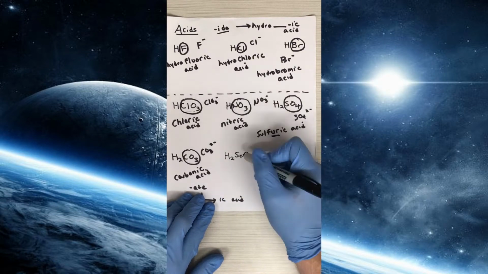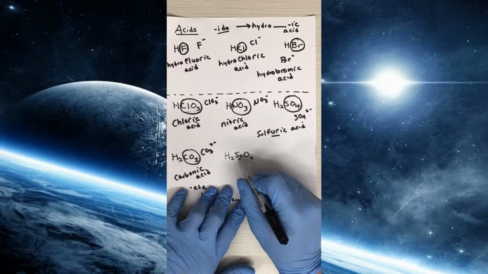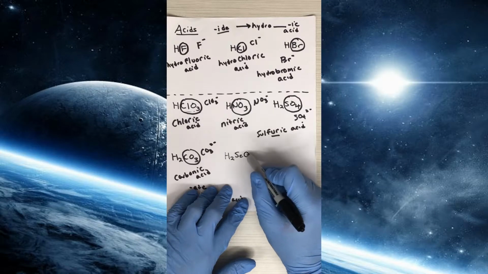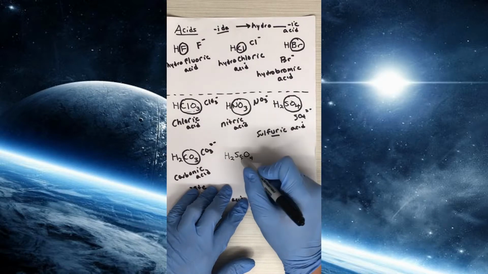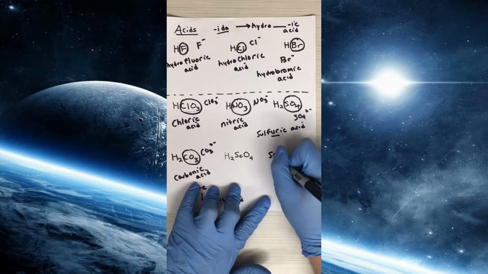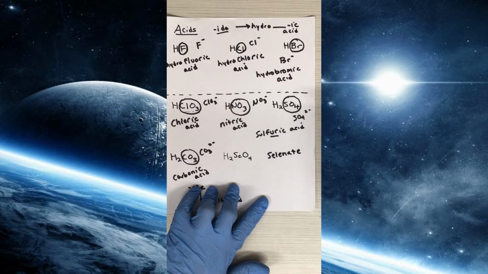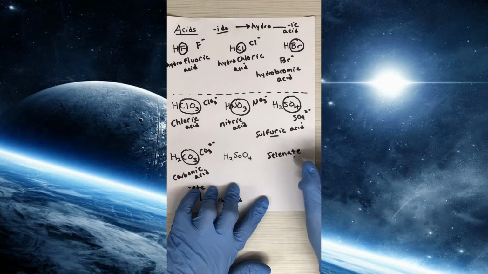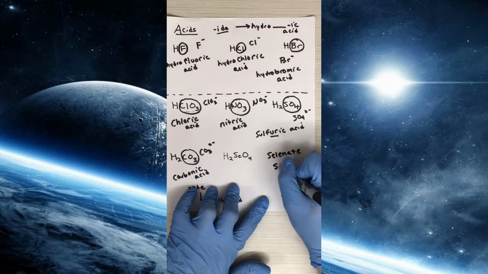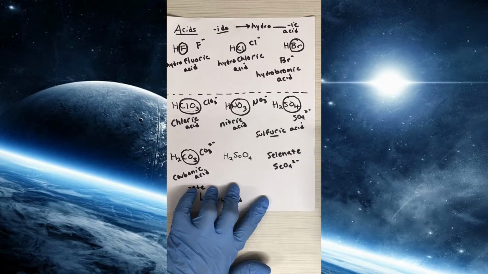Okay? And this last one, this is not one that you would have seen, but again, if we know what this is, we can tell the acid name. This one is actually called selenate. That's not one of the ones you need to memorize or be familiar with for this course. But again, selenate is SeO4 2-.